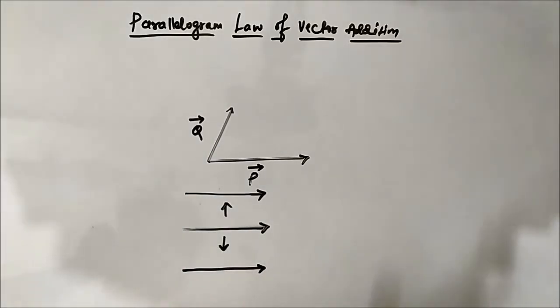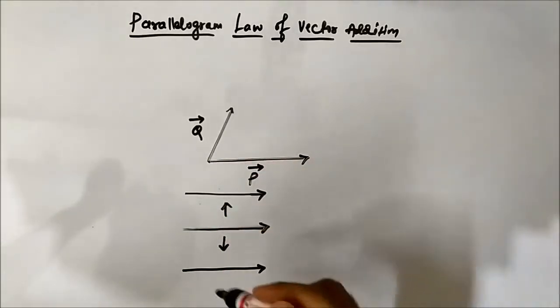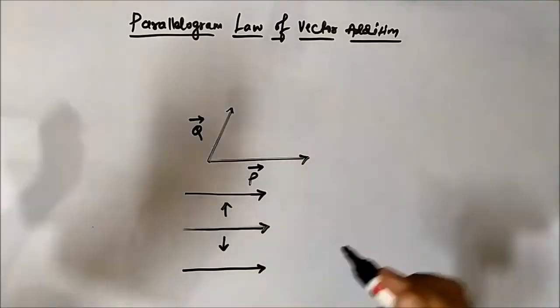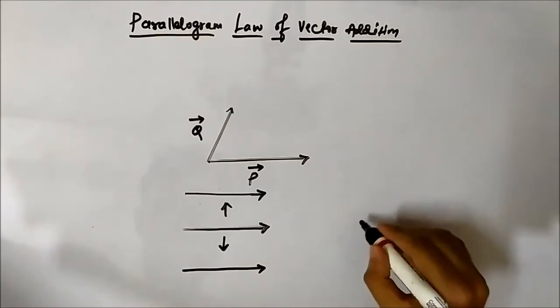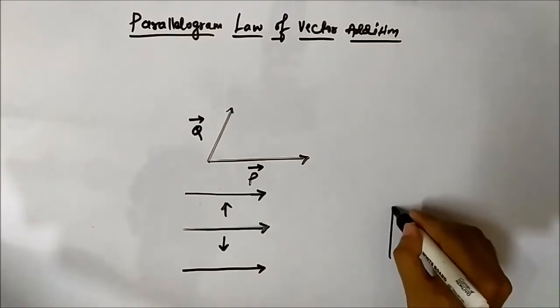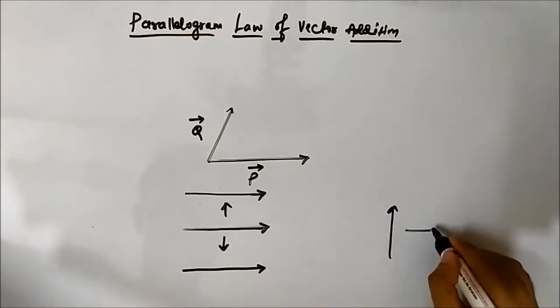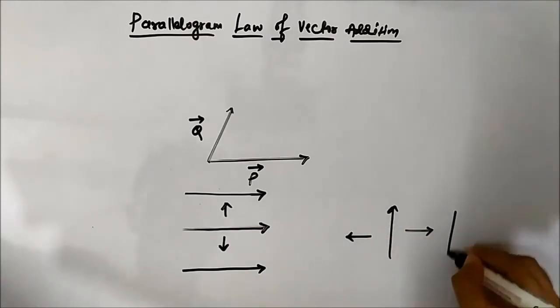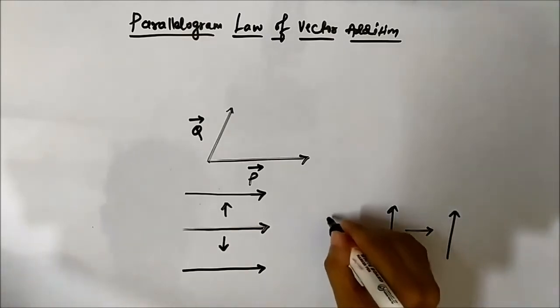Similarly, if we have a vector like this, we can shift it to the right or to the left. Again, we cannot change the magnitude and direction.